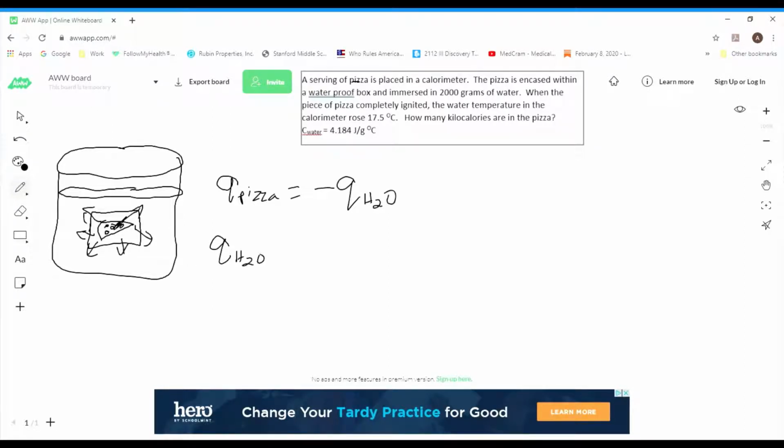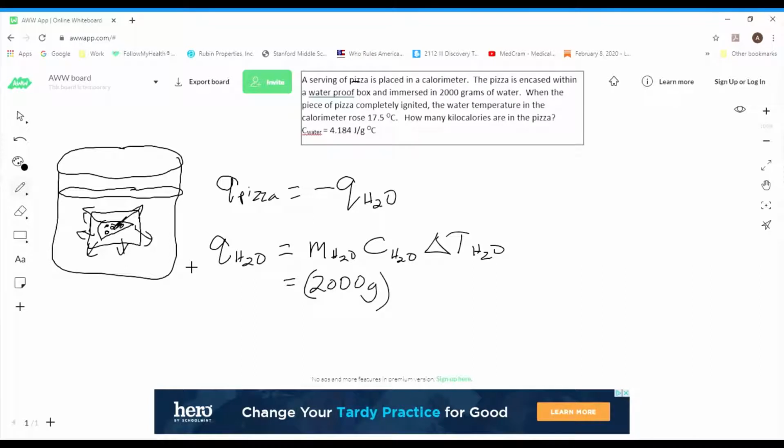The Q of the water is equal to the mass of the water times the specific heat capacity of the water times the delta T of the water. If you look at the problem, you're given basically all these things. We're told that we have 2,000 grams of water. That's the mass of the water.